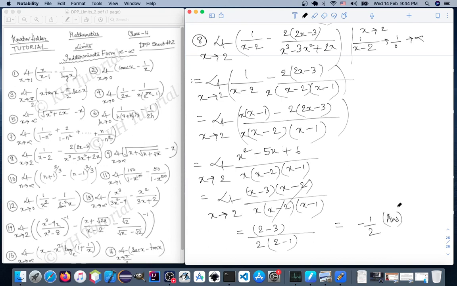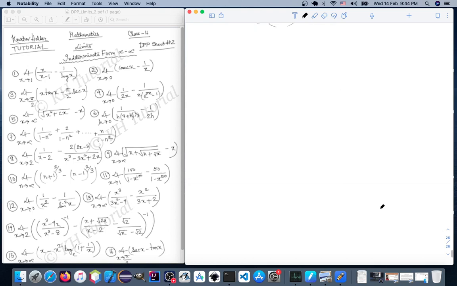Let's move to the next question. Okay, so actually there is a mistake in the DPP sheet. It will be limit x tends to infinity root over x plus, this will be minus root over x.